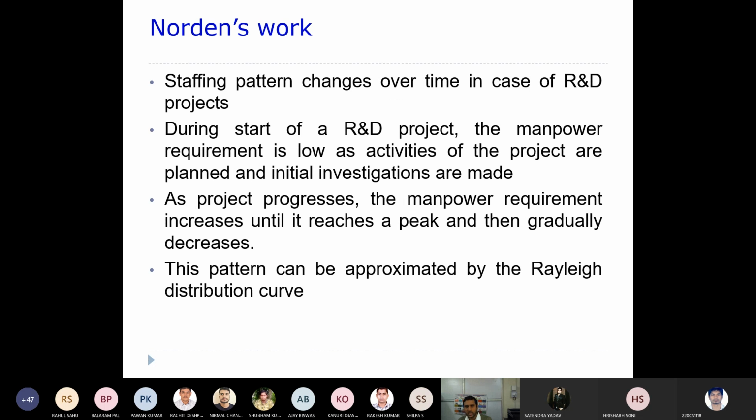Okay, so the staffing pattern changes over time in case of R&D projects. During the start of an R&D project, the manpower requirement is low as activities of the project are planned and initial investigations are made. It is almost similar with the software project also.